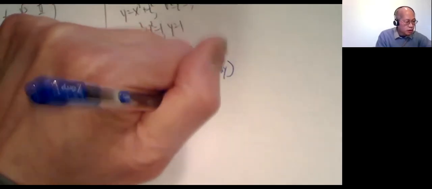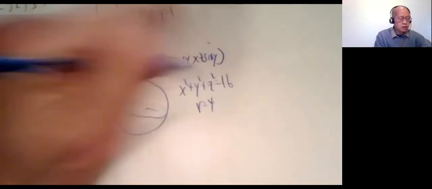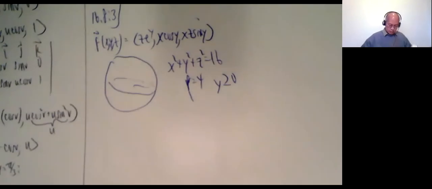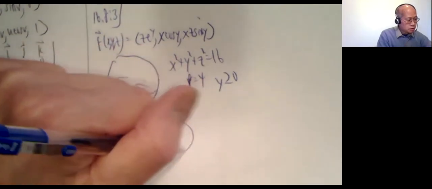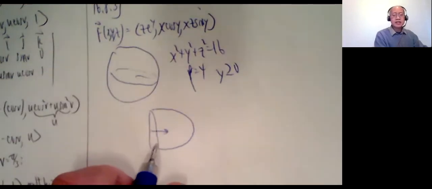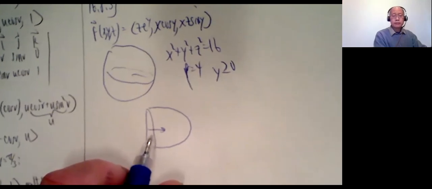That's a sphere centered at the origin with a radius of 4. Actually, I should put rho equals 4, with y greater than or equal to 0, oriented in the direction of the positive y-axis. I think it's like this, right? The direction of the positive y-axis is inward, so inward would be negative.